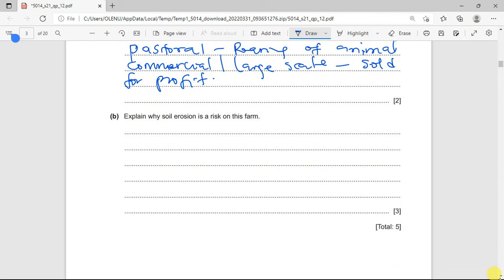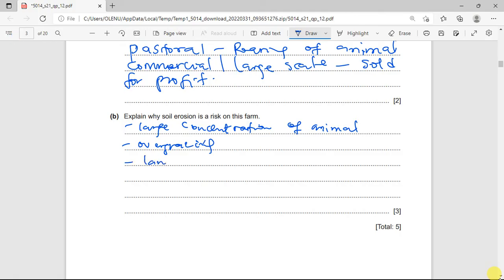So that's all. When I say large concentration of animals, you expect that you have things like overgrazing taking place. So there's a possibility of overgrazing.